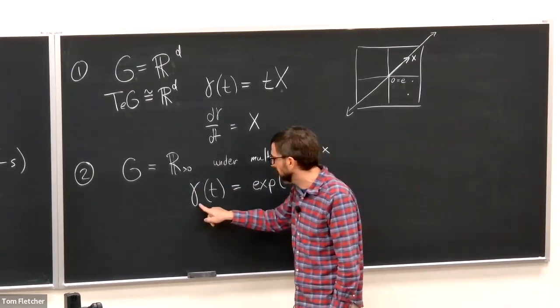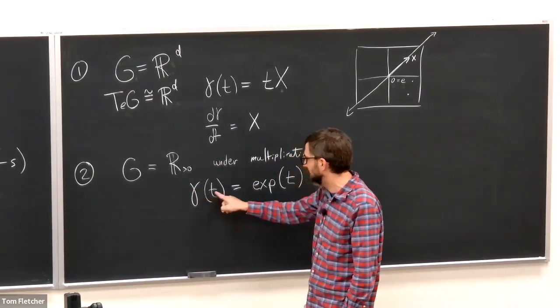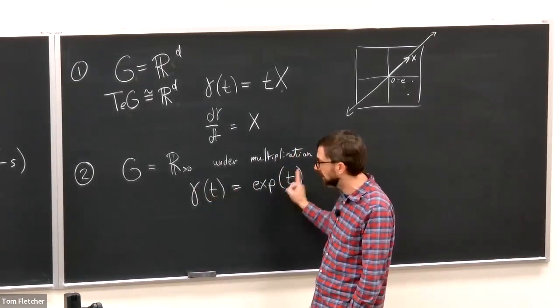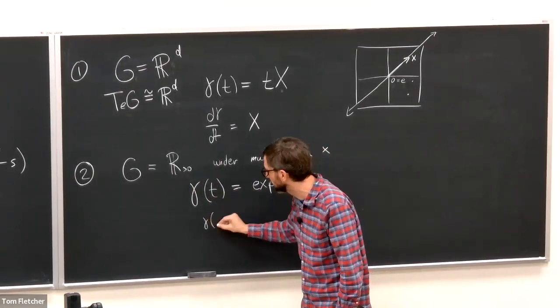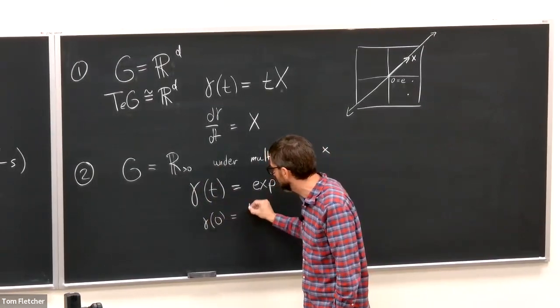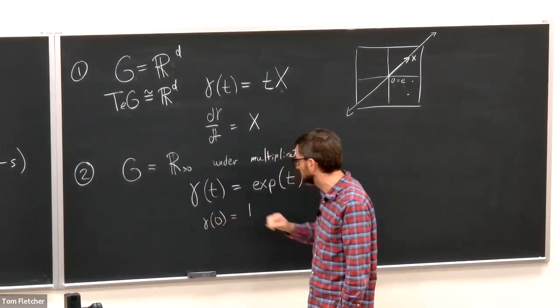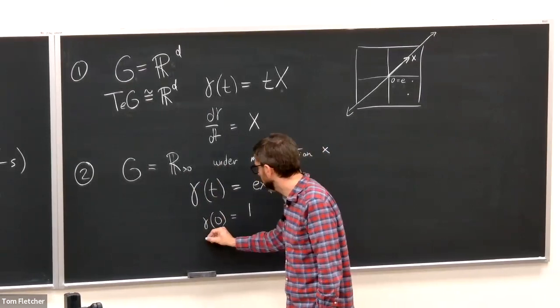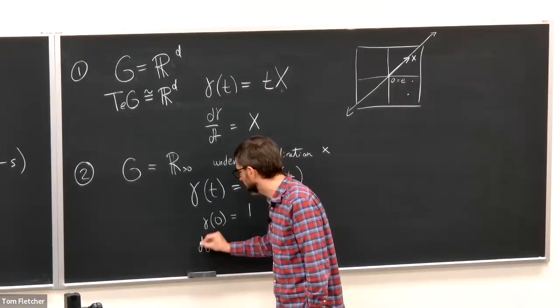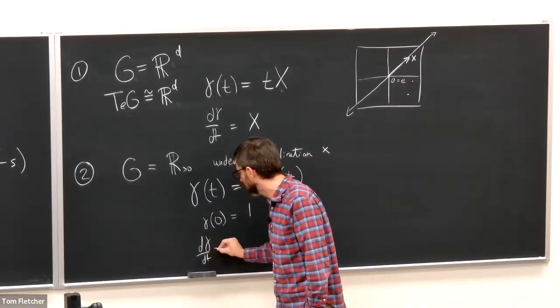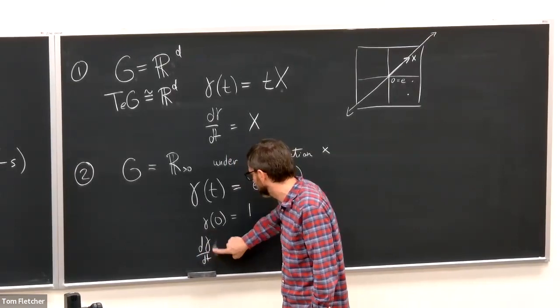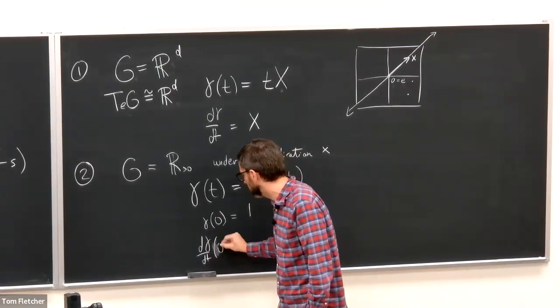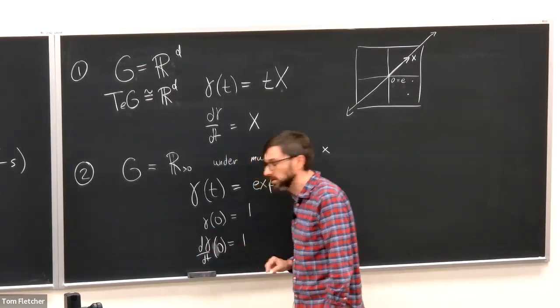I'll explain here for a second that at gamma of 0, you're at 1. The identity under multiplication is 1, of course. I'll write that out explicitly. So this is the identity of real numbers under multiplication. Here, the derivative d gamma dt at 0 is also 1.